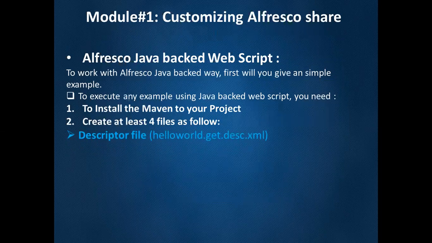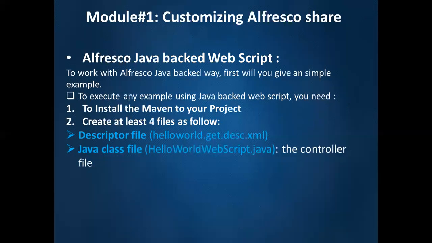In this example, I gave it the name hello world, so this is a hello world example. My ID of this descriptor file is helloworld.get.desc.xml.